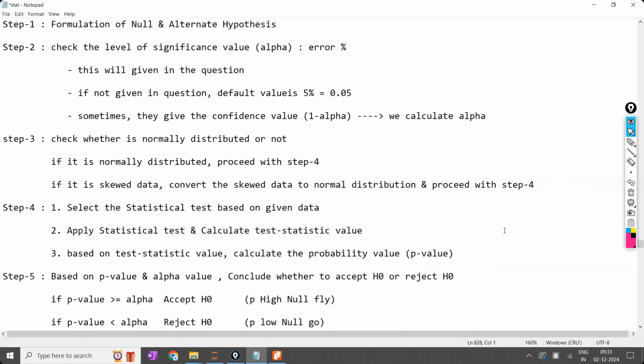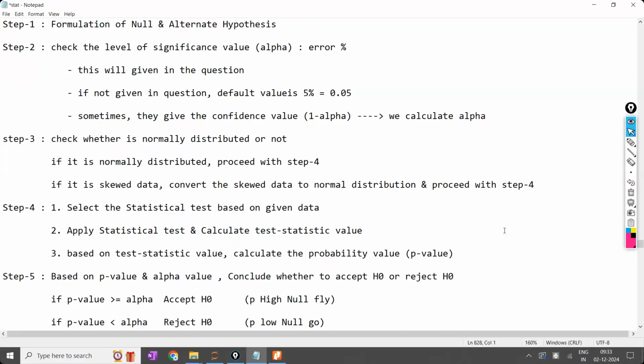Third step is checking whether the data is normally distributed or not. Step 4 is apply the statistical test and calculate the test statistic value. From that, you calculate the probability value, and based on the probability, you accept or reject the null hypothesis. These are the steps involved in an inferential statistics test. Whatever the case study, these are the steps.